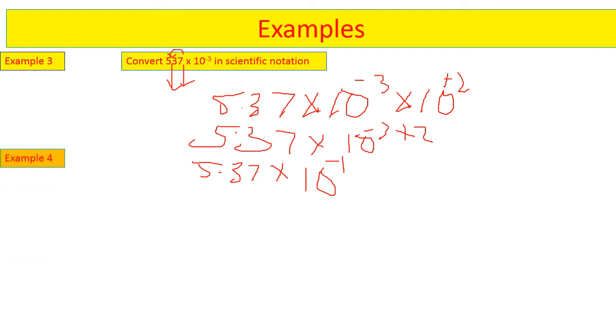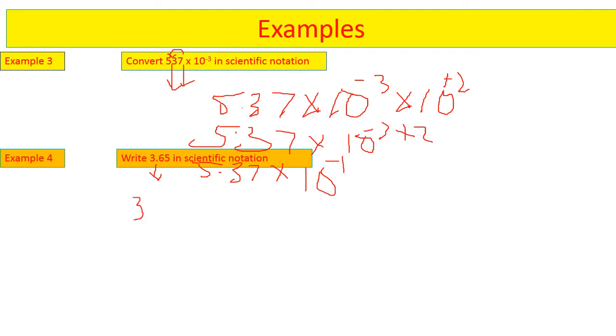Let us take another example. We want to write 3.65 in scientific notation. Dear students, the first condition is fulfilled because the decimal point is after the first non-zero digit.